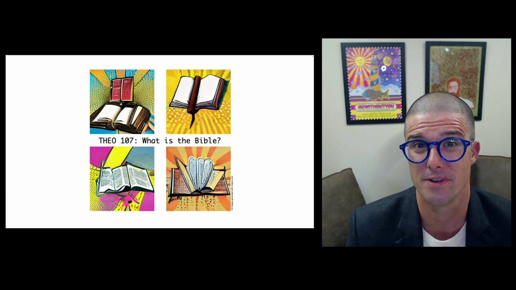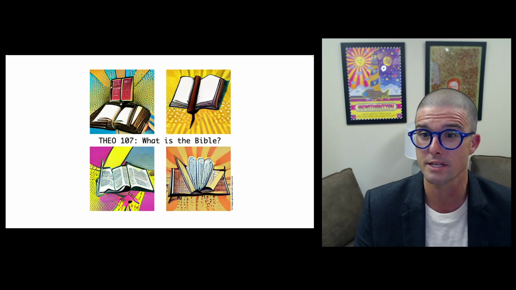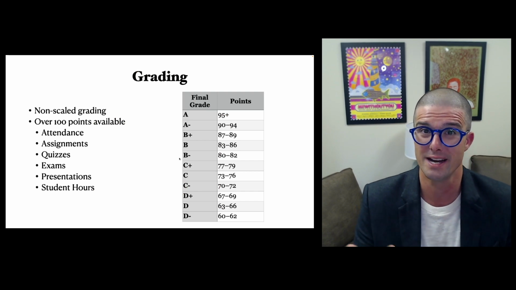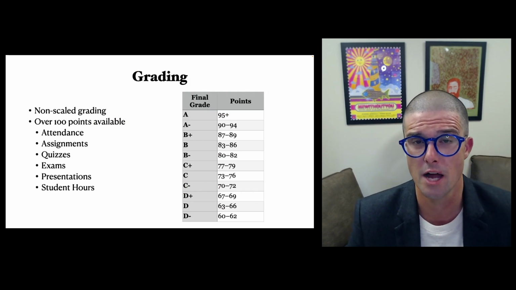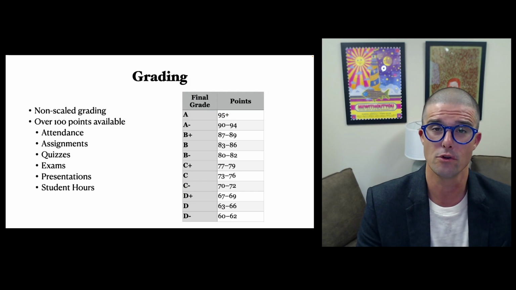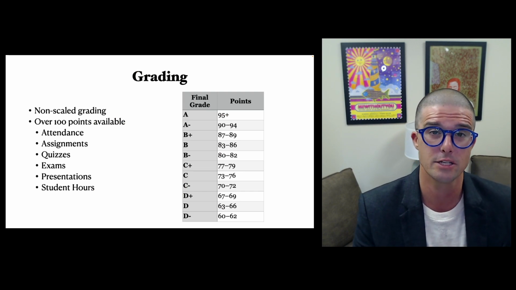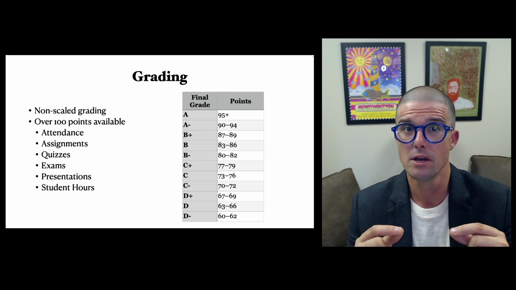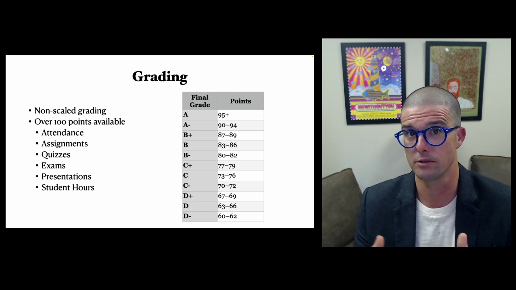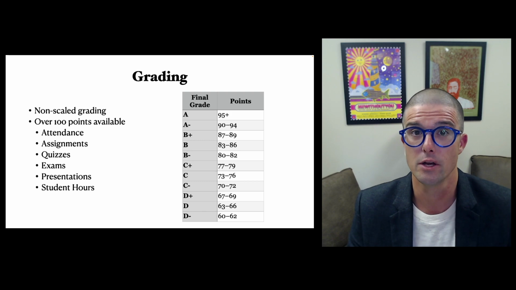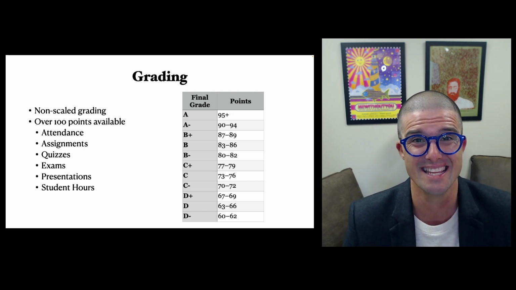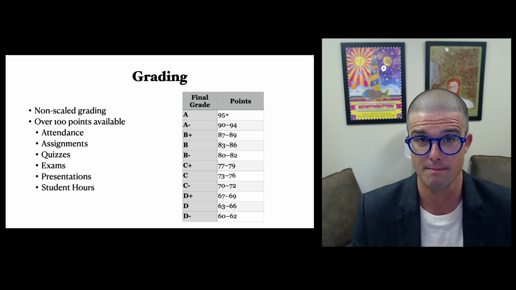In this short video, we're going to talk about some of the most important things for your success in this class, beginning with grading. This class uses non-scaled grading. That is to say, your final grade in this class is not determined by different categories that have different percentages attached to them with respect to their worth for your final grade. Rather, there are different categories with different individual grade items in them that are each worth a set amount of points.